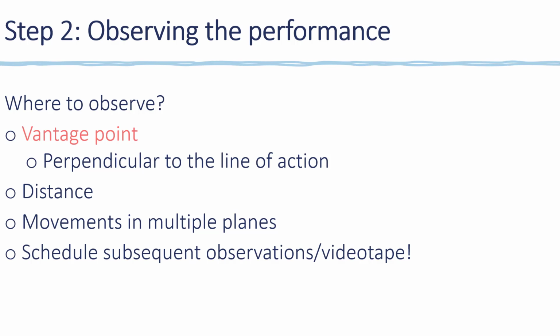And then subsequent observations may be from different vantage points that give better views of other components of the skill. If possible, it's ideal to have a video recording of the performance from each of the different viewing positions, because with recordings of performances, you can view the same trials repeatedly without having to fatigue your athlete or your student. And the video is also useful when you're providing feedback to them.